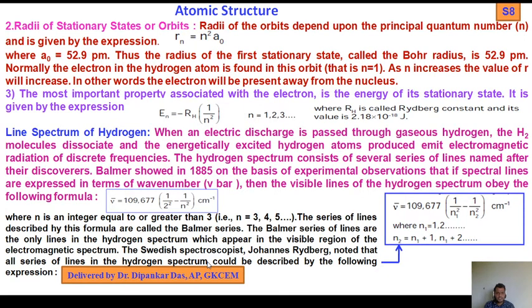The Swedish spectroscopist Rydberg noted that all series of lines in the hydrogen atom could be described by the following expression: nu bar equals 109677 times (1 by n1 squared minus 1 by n2 squared) centimeter inverse, where n1 equals 1, 2 and n2 equals n1 plus 1, n1 plus 2.